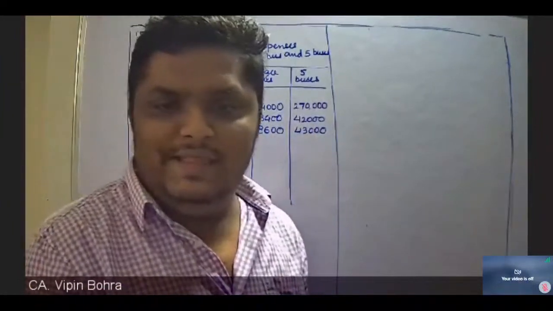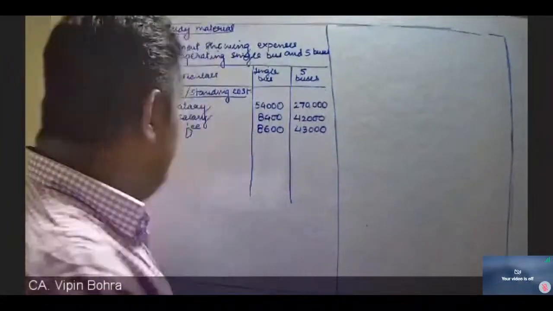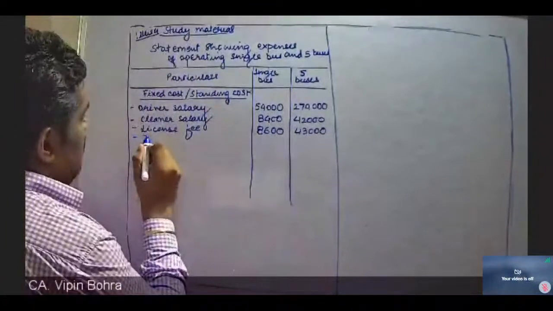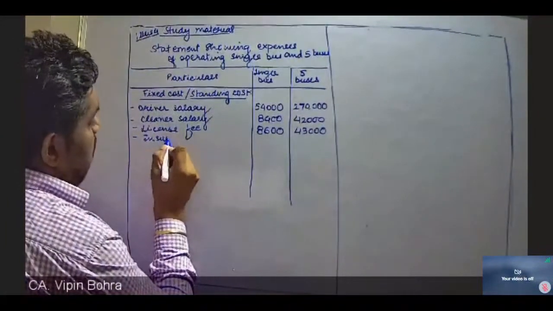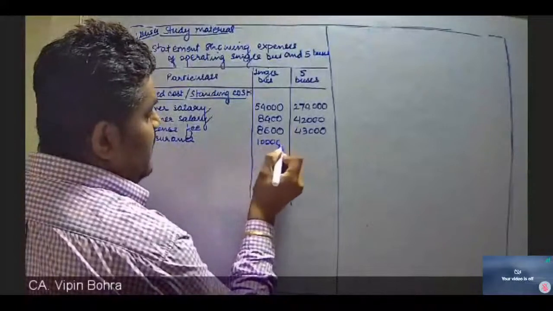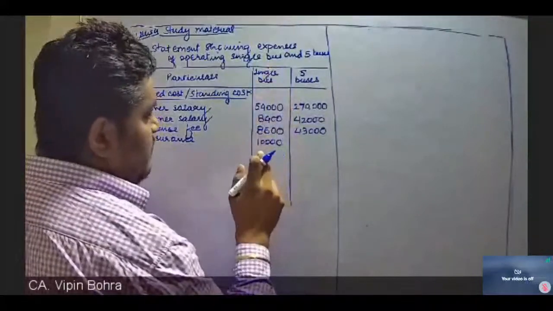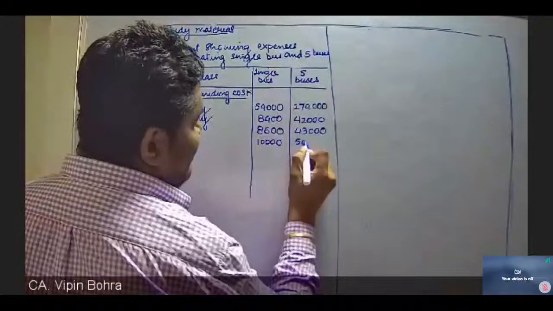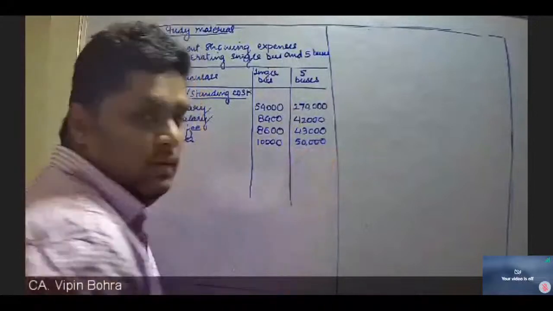Insurance is 10,000 per bus per annum. So for a single bus it will be 10,000, and for 5 buses it will be 50,000.